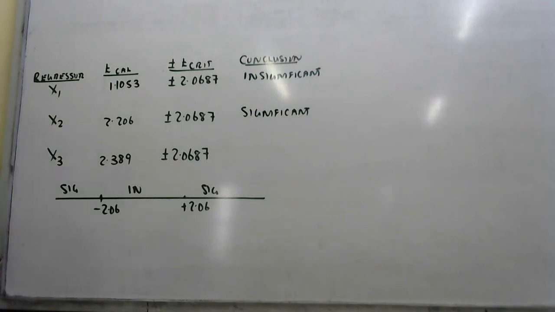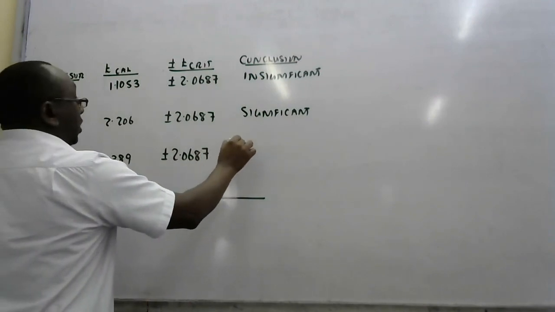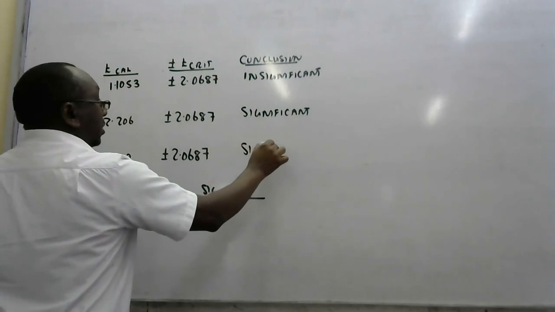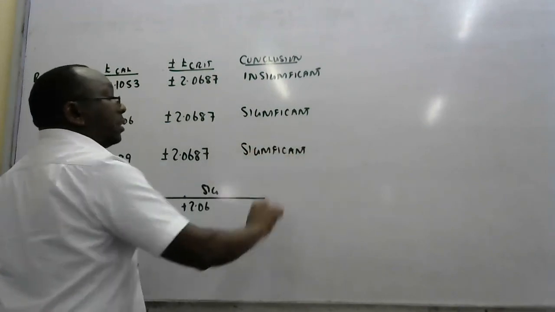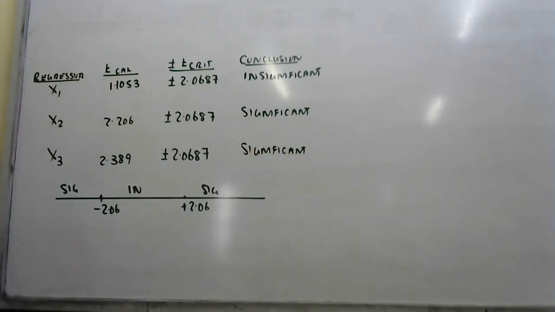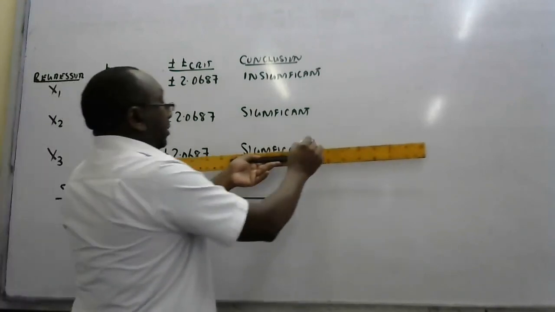And this other one, it is also significant. So now if you are asked who is the strongest, the strongest is the one that has gone far from the border, far from the threshold. It has the highest. So this is the strongest.